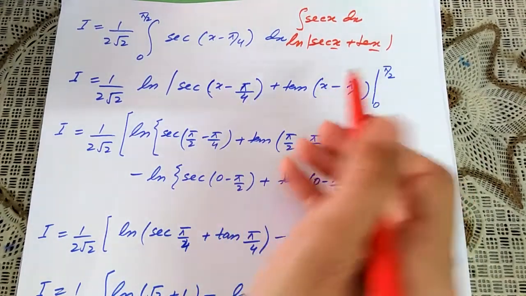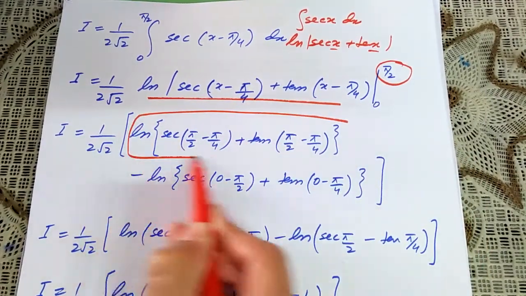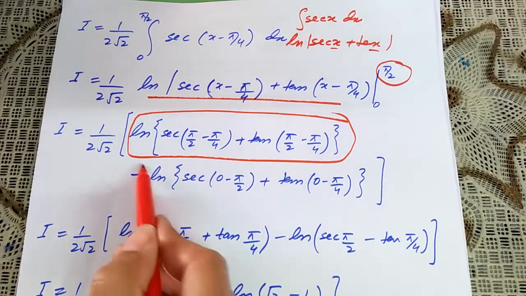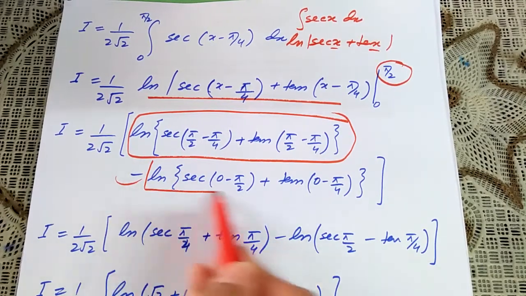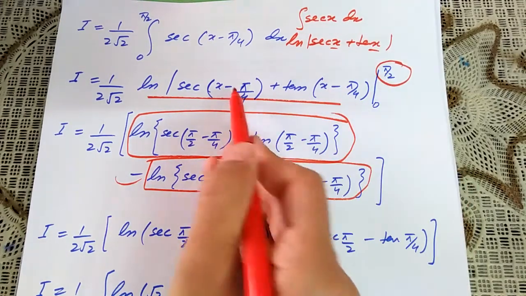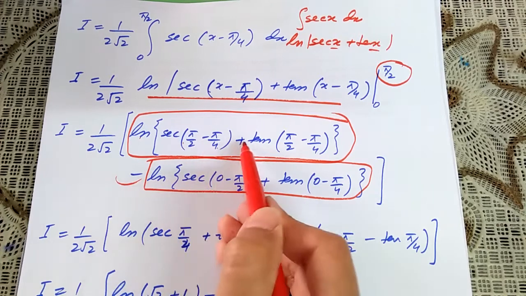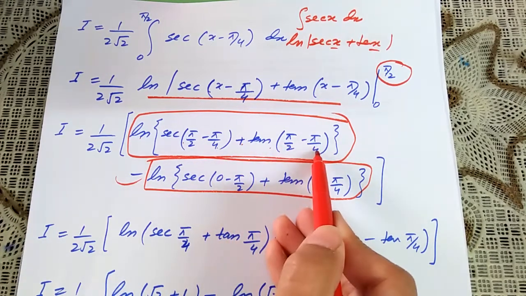Now first of all, you will put the upper limit here. Then minus, and put the lower limit in place of x. For the upper limit, it will be ln of secant(upper limit minus pi by 4) plus tangent(upper limit minus pi by 4).